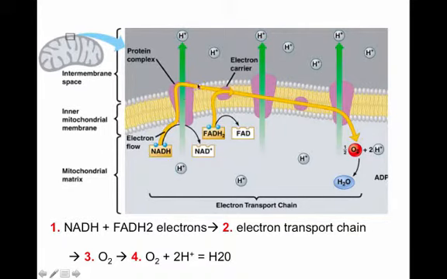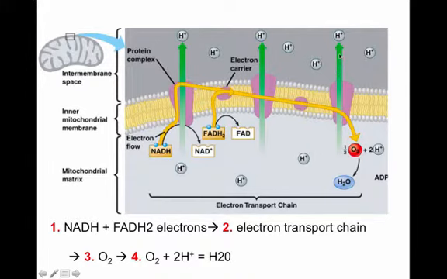Then the electrons are carried by the electron carrier to the next protein, if we're going with electrons from NADH, and if they're coming from FADH2, same idea. They give this protein energy to pump protons through the channel in the protein to the intermembrane space. Then the electrons are carried from the second protein to the final protein, and the electrons give that protein energy to pump protons from the matrix to the intermembrane space.